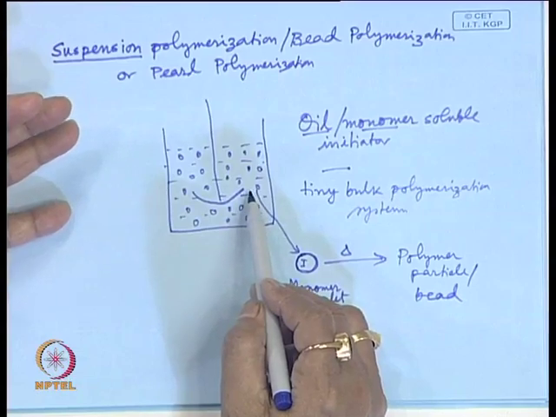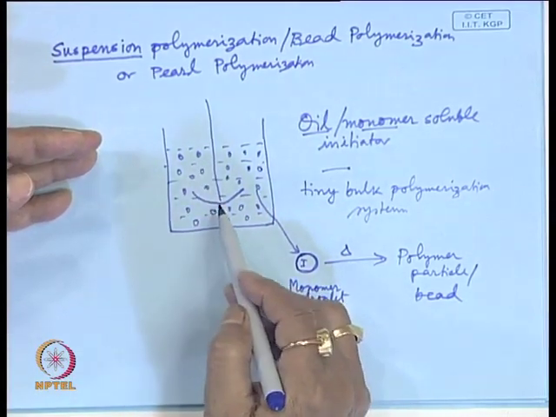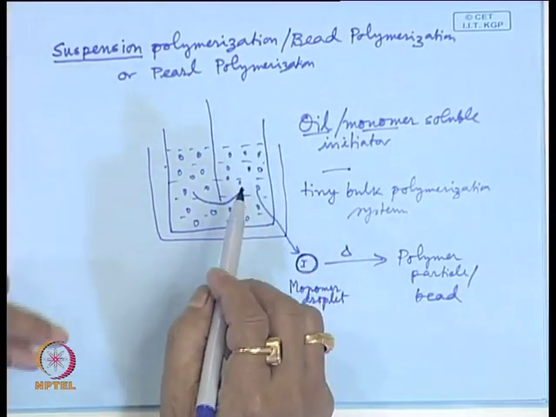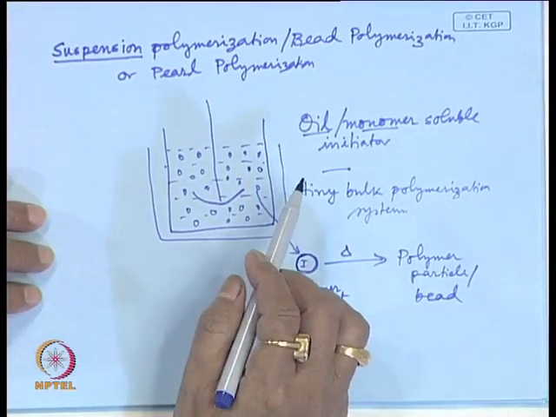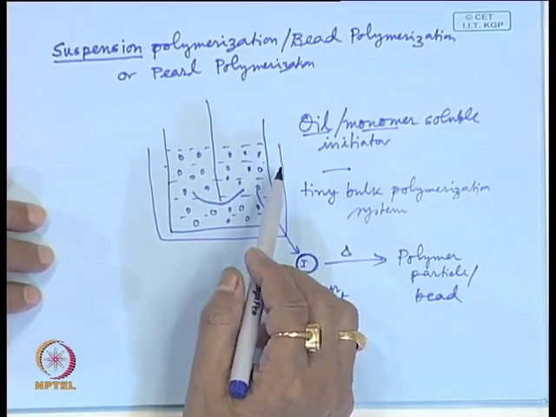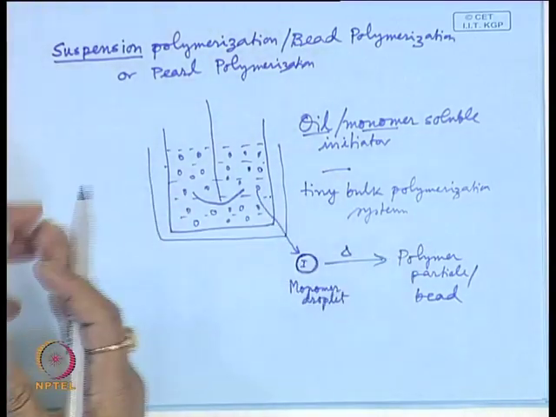Water will take out the heat since it is under agitation, and the system is in a thermostatic bath or fitted with a system for heat transfer through the wall. So, heat will be removed and the problems of auto acceleration and runaway reactions are avoided.